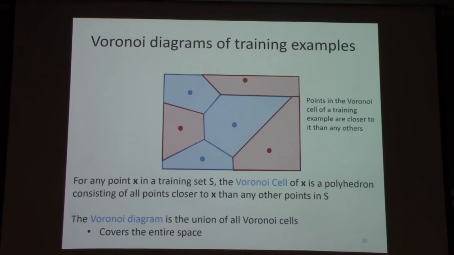So effectively, what the one nearest neighbor classifier does is build the Voronoi diagram for the space and color each cell with the label of the point that created that particular Voronoi cell. The boundaries of these Voronoi cells give you the decision boundary of the nearest neighbors classifier.